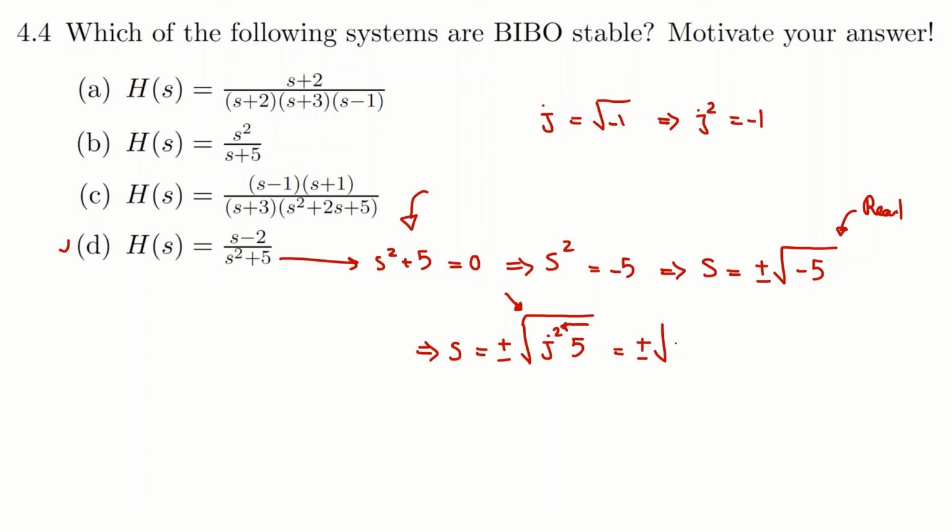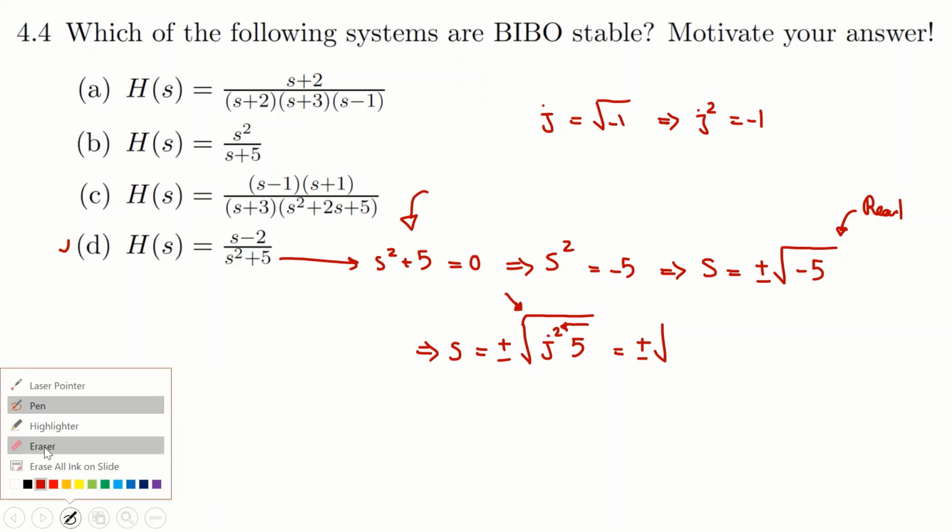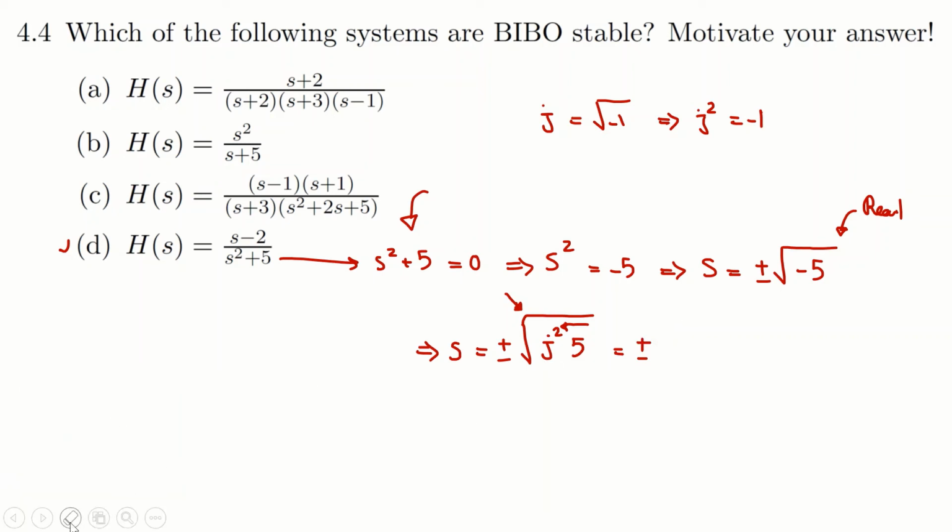So we have j times the square root of 5, because the square root cancels the square there. Okay, so we have two poles: j times the square root of 5 and minus j times the square root of 5.